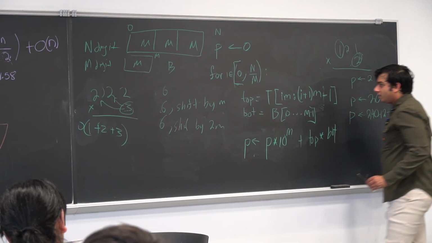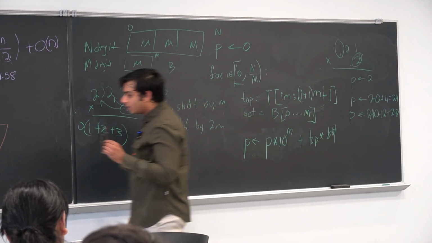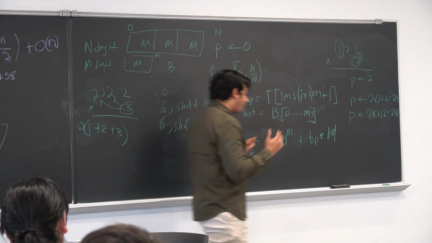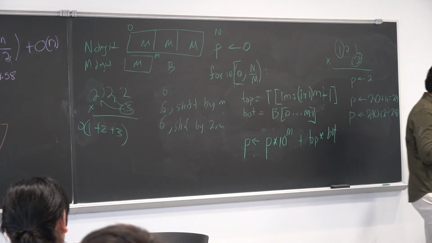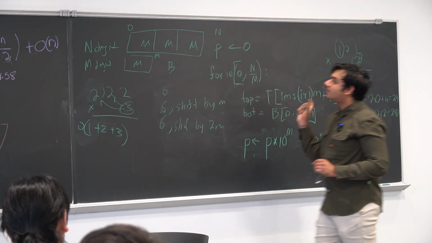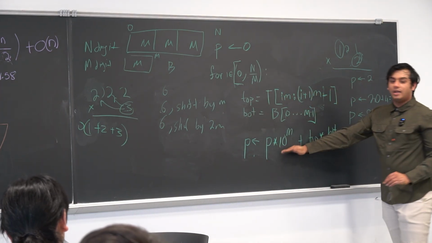The amount that you shift your previous answer by is agnostic of the index that you're on. Because I'm chunking by n, and my chunk size is fixed, where I am in the array has nothing to do at this fixed level with how much I shift by.